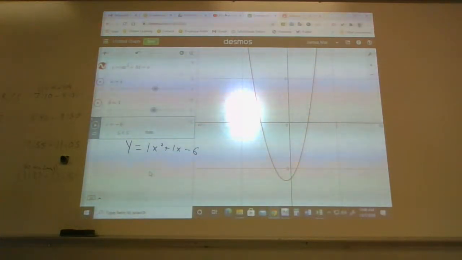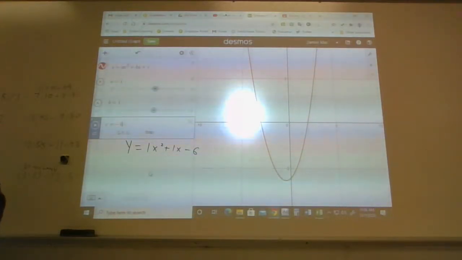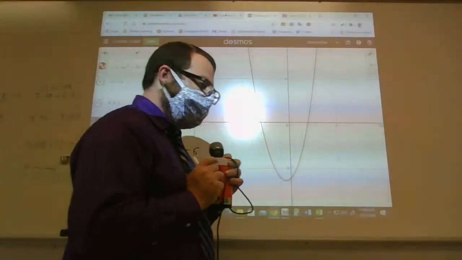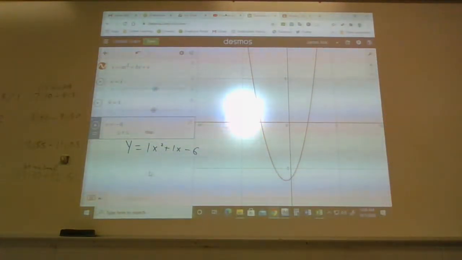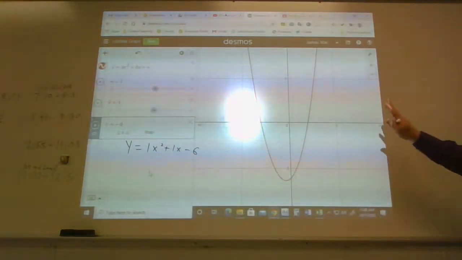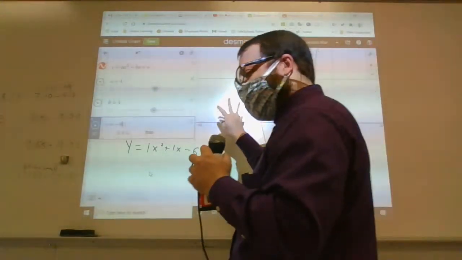Negative 3 is the other solution. Why? Because that's the point at the x-intercept. If I am looking for the x-intercepts, that is the solution graphically. That is the graphical solution to this thing.